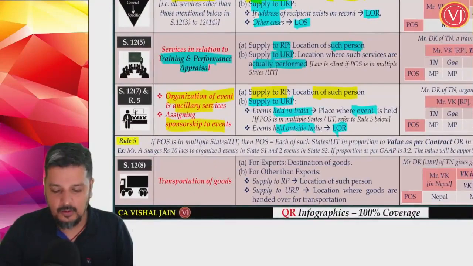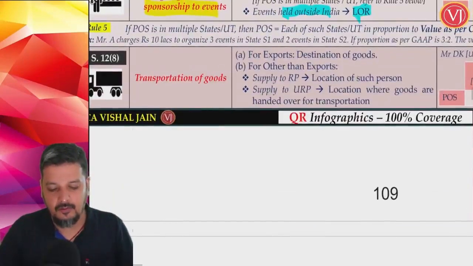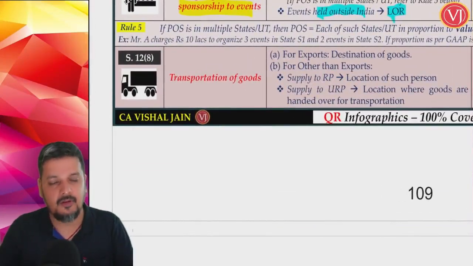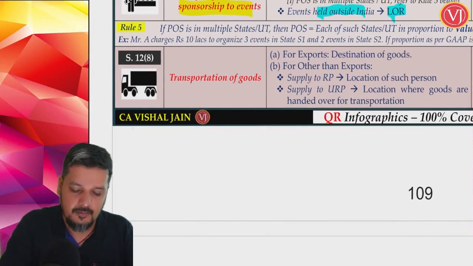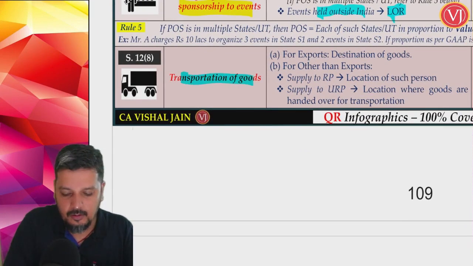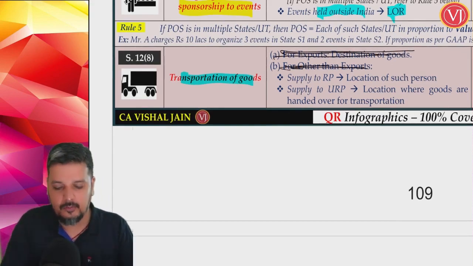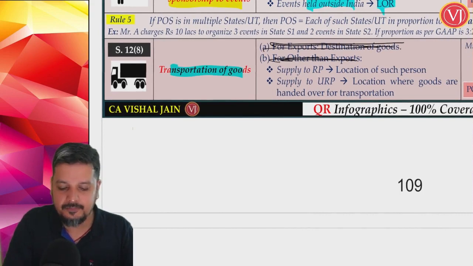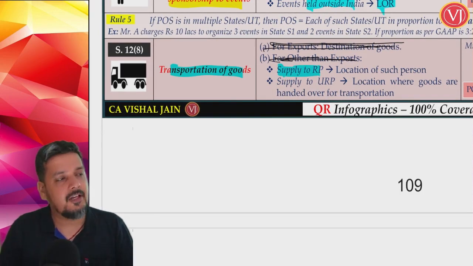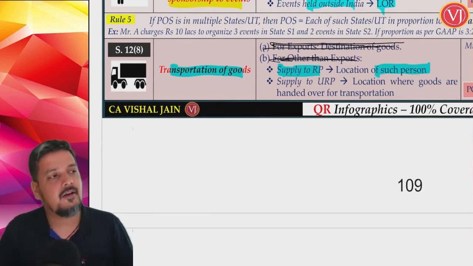Now, transportation of goods. When you talk about transportation of goods, this point is now not there, export of goods and all. Transportation of goods. If it is B2B, location of the registered recipient.